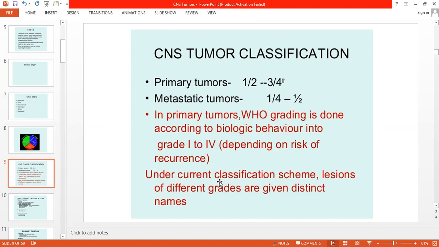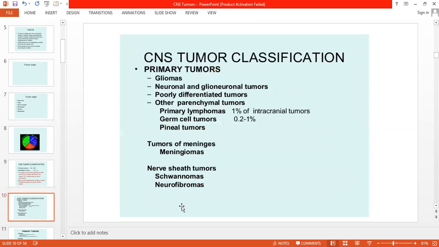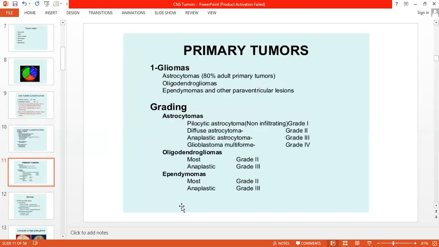Under the current classification, these lesions of different grades are given distinct names. CNS tumor classification: primary tumors can be gliomas, neuronal or glioneuronal tumors, poorly differentiated tumors, other parenchymal tumors like primary lymphomas, germ cell tumors, pineal tumors, tumors of the meninges like meningiomas, and tumors arising from nerve sheaths like schwannomas and neurofibromas.